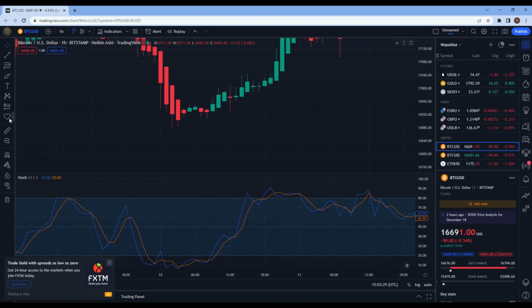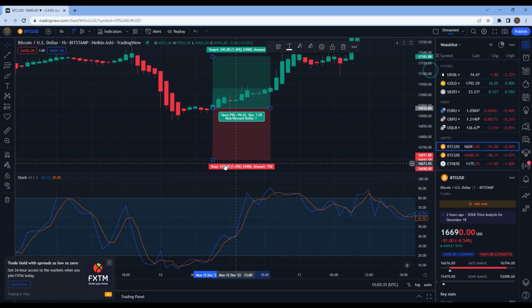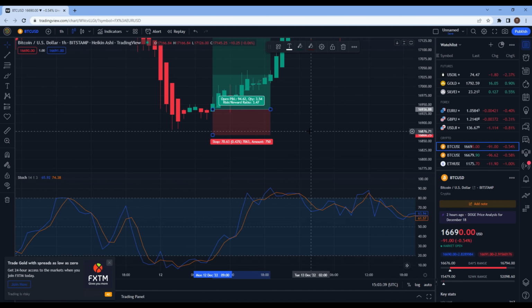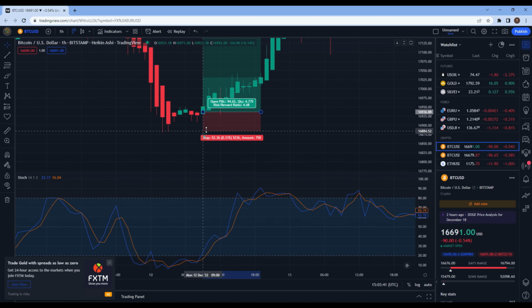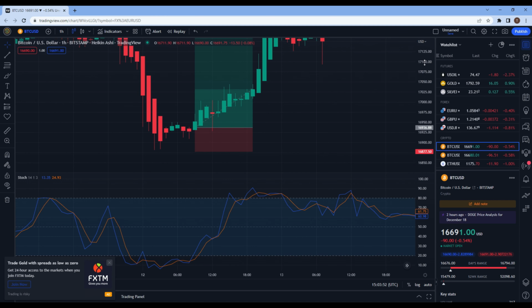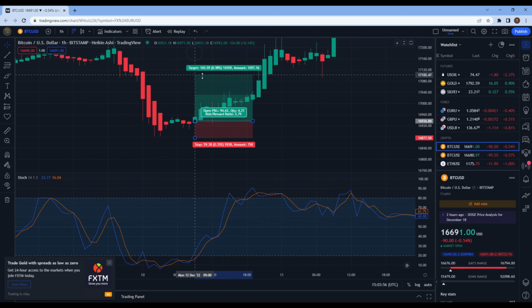So now we take a long position on this candle. For crypto you have to set the stop loss a bit wider, because the crypto market is very volatile, so we cannot put very tight stop losses. Give it some room, guys. This is our stop loss, and now the idea is 1.5, so we will check this 1.5.